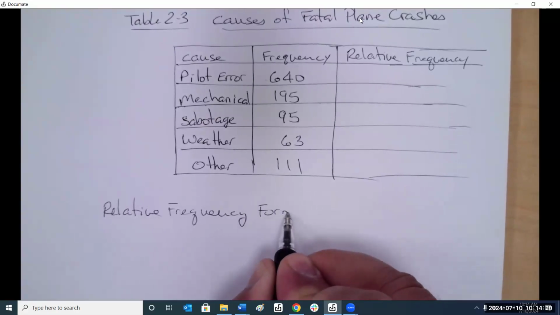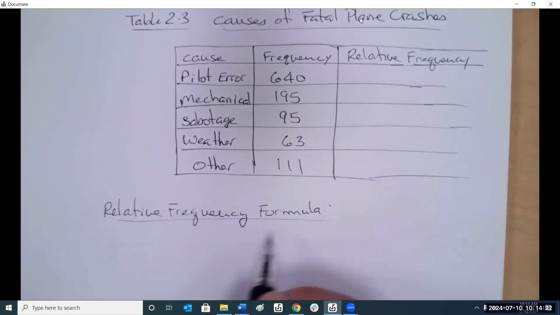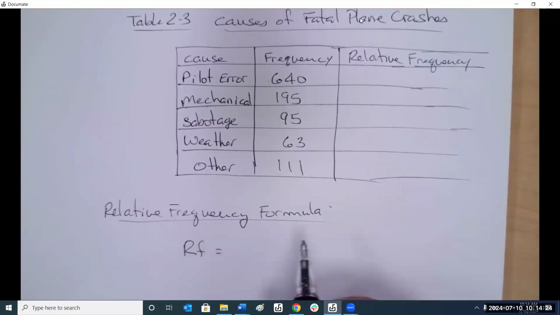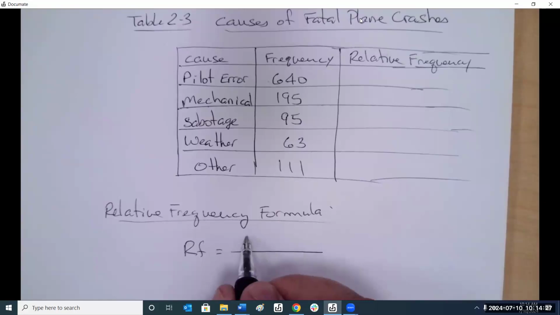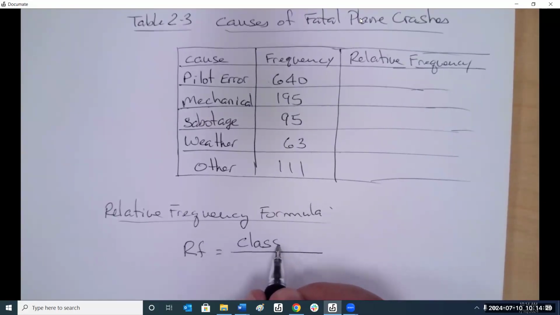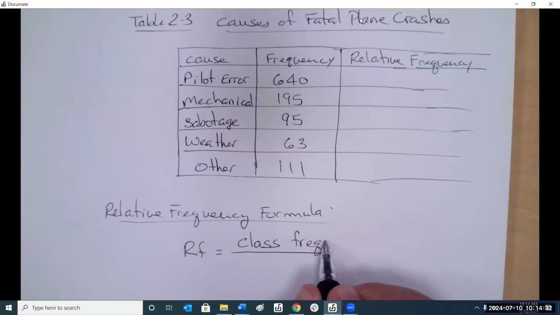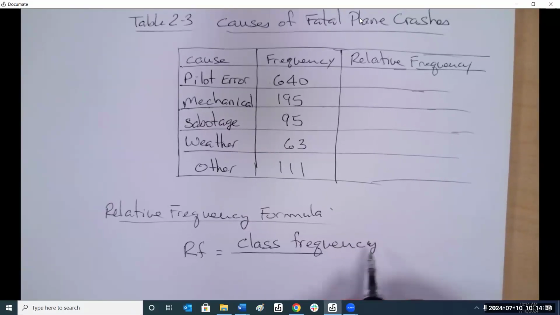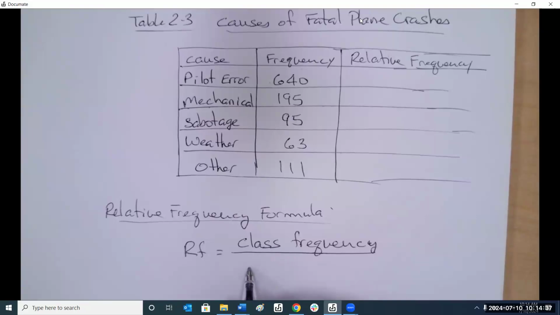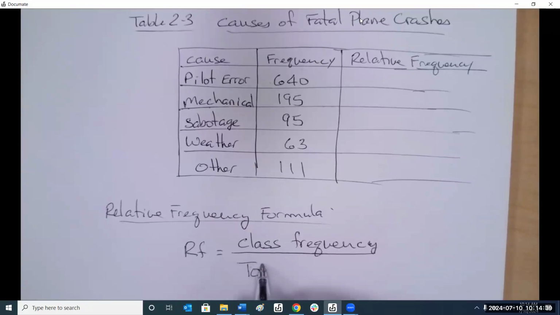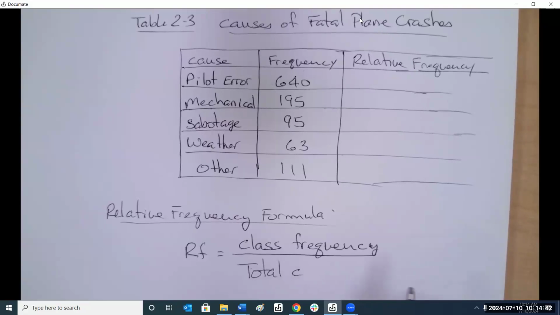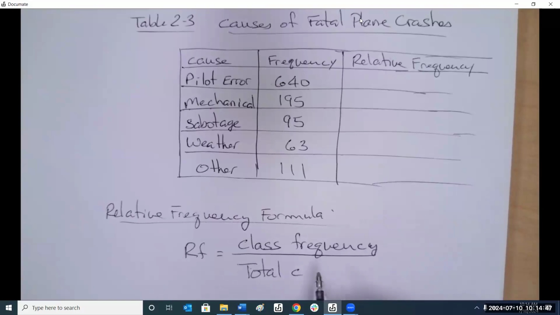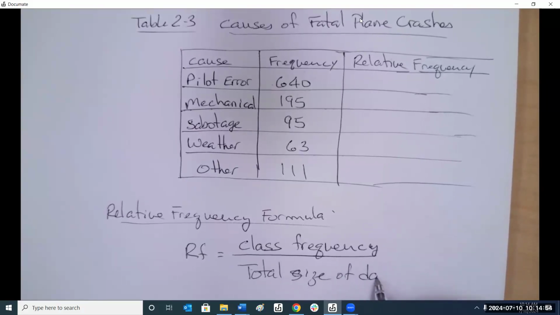Formula. So RF is equal to the class frequency over the total size of data.